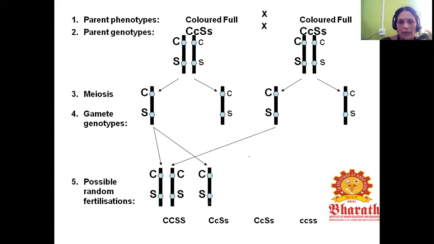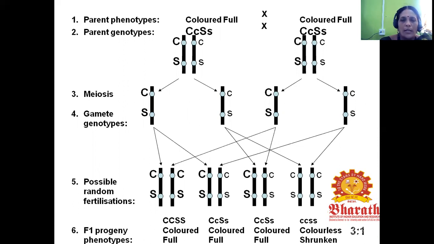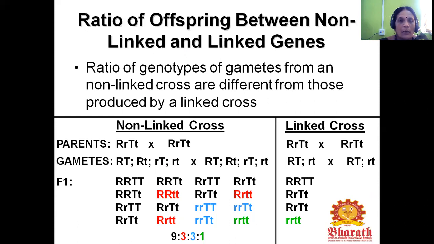So with possible random fertilization, you get capital C, capital S, small s. So F1 progeny phenotype is colored full, then colorless shrunken. So you get a 3:1 ratio.